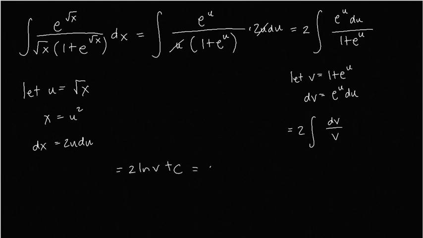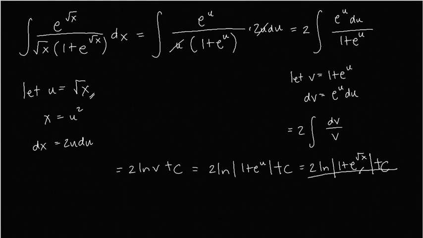But v is equal to 1 plus e raised to u plus c. But again, u is equal to square root of x. So finally, we have 2 natural logarithm of 1 plus e raised to the square root of x plus c. Okay, so this will be our answer for this problem.